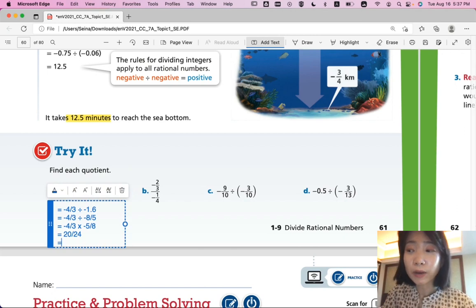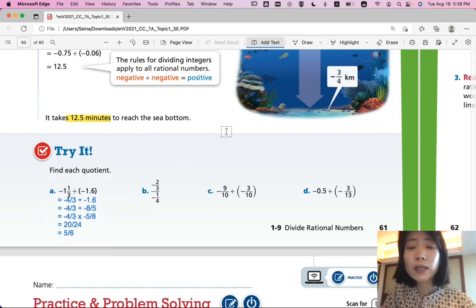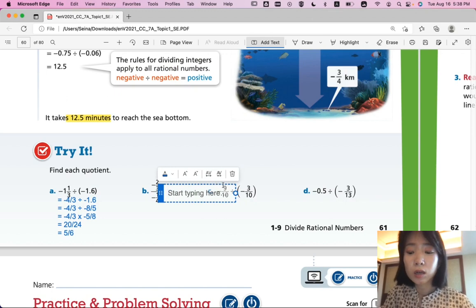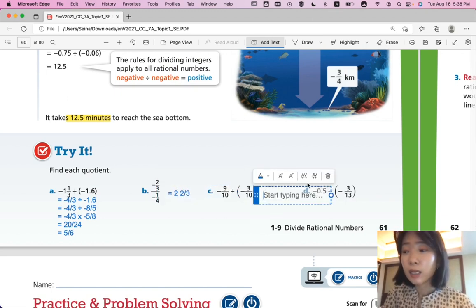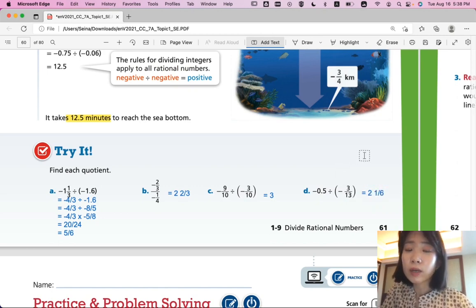So when you simplify, you will get 5/6. Okay, in the same way, the answer to this complex fraction is 2 and 2/3. Part C should simply be 3. Part D should be 2 and 1/6. If you got all of them correct, good job.